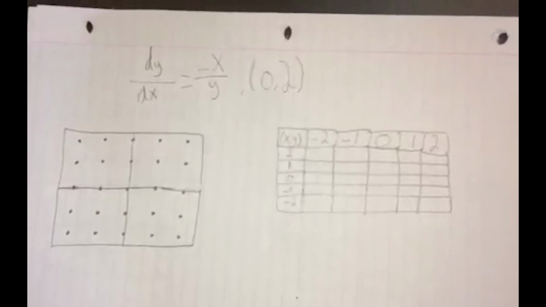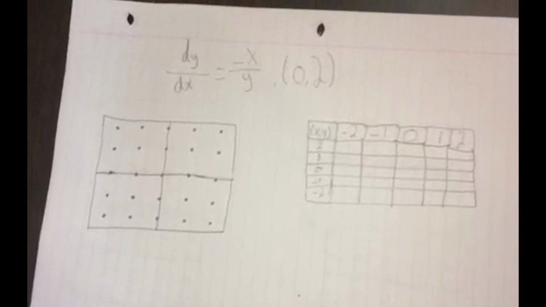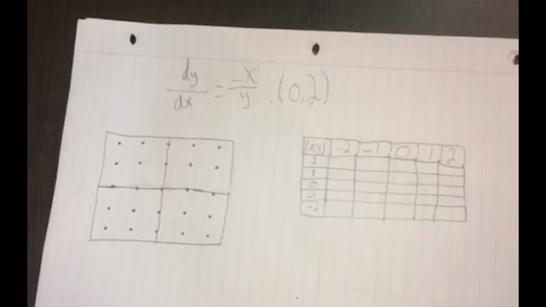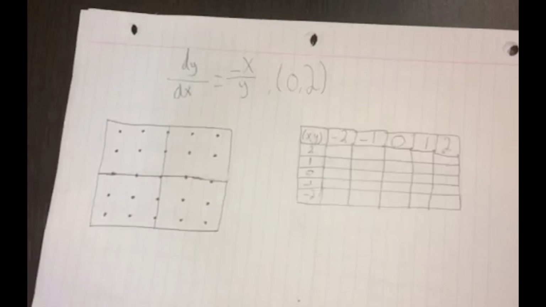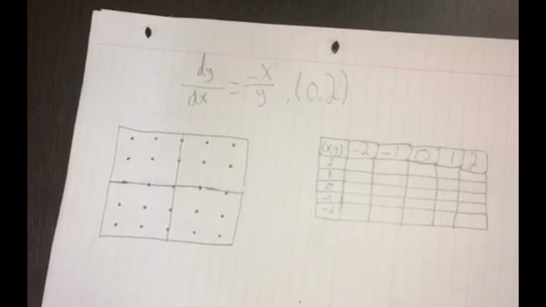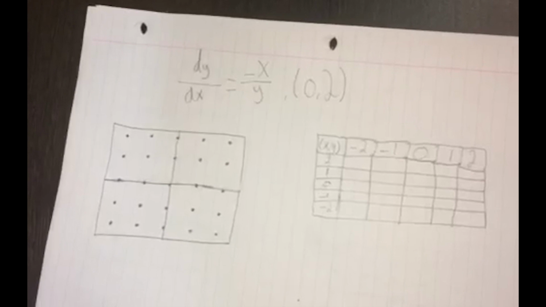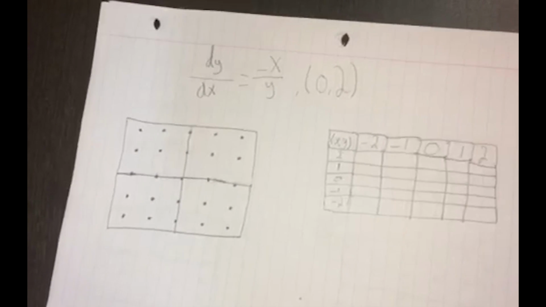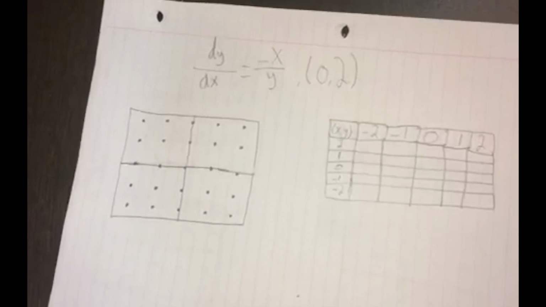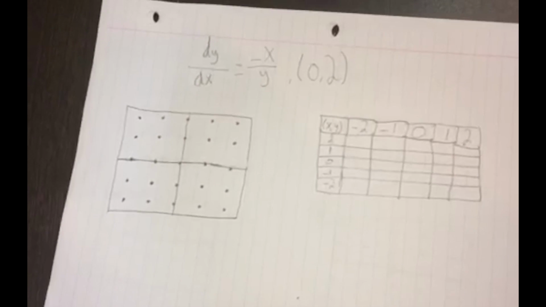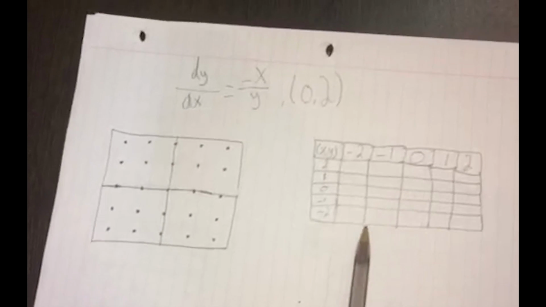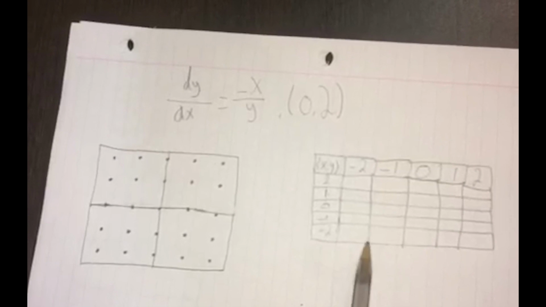So the first one, we have the equation dy/dx equals negative x divided by y, and then specifically through the point (0, 2). So what this means is that the solution will go through the point (0, 2), which we have to make sure it does. So I already have out our XY table, which you don't have to do, but I recommend it.